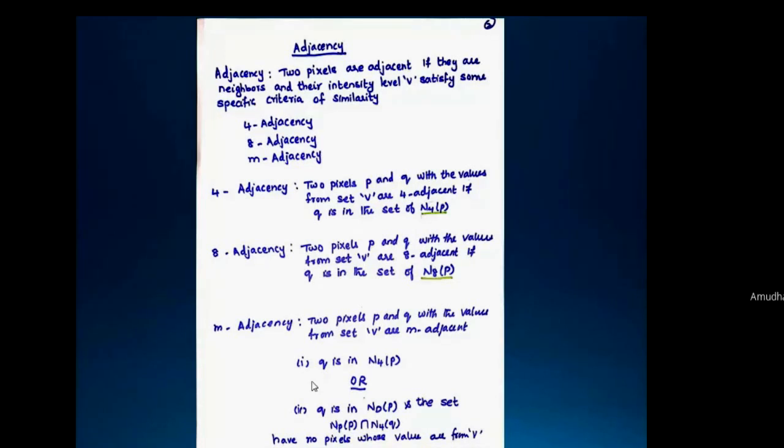If Q is in the diagonal, then we have to go for the other condition. The second condition is based on the location of Q with respect to P. If Q is horizontal or vertical, only the first condition is used. If Q is diagonal, then we go for this condition: ND of P intersection N4 of Q has no pixels whose values are from set V.